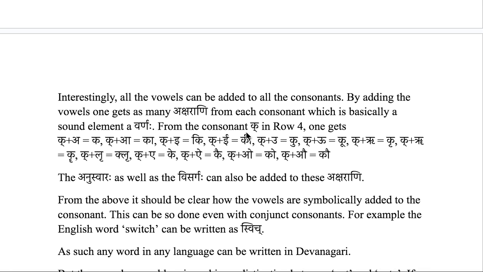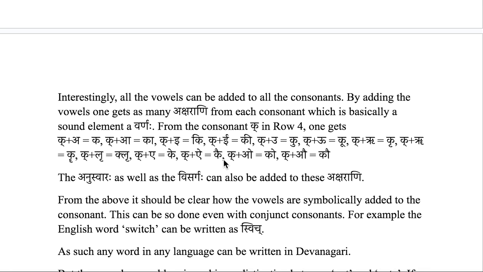From the consonant k in row 4, one gets k plus a, ka; k plus ā, kā; k plus i, ki; k plus ī, kī; k plus u, ku; k plus ū, kū; k plus ṛ, kṛ; k plus e, ke; k plus ai, kai; k plus o, ko; k plus au, kau. The anuswaraha as well as the visargaha can also be added to these aksharani.